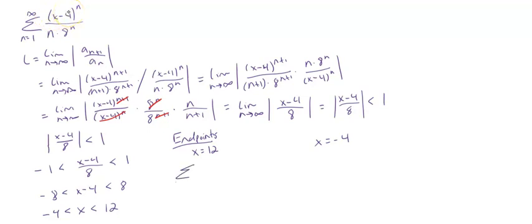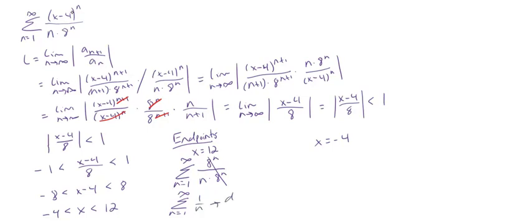Let me write it: sigma n equals 1 to infinity, with my n and my 8 to the n in the bottom. If I do 12 minus 4, well, what's that? It's 8. So this whole parentheses is going to be an 8. I'm just going to write 8 to the n. And now that cancels and gives me sigma n equals 1 to infinity of 1 over n.